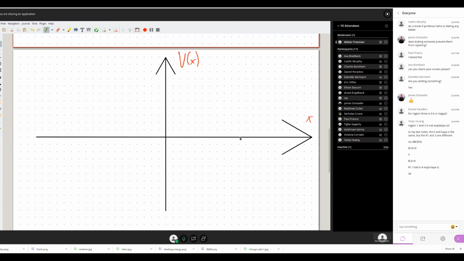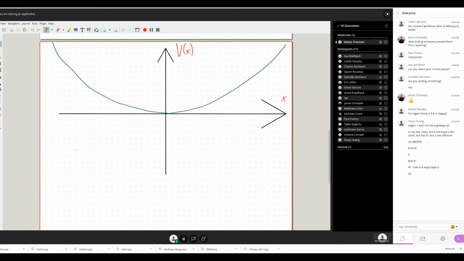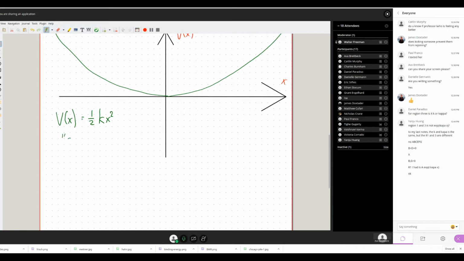Here, the potential V of x I'll write as one half k x squared. So this is like a mass spring system.